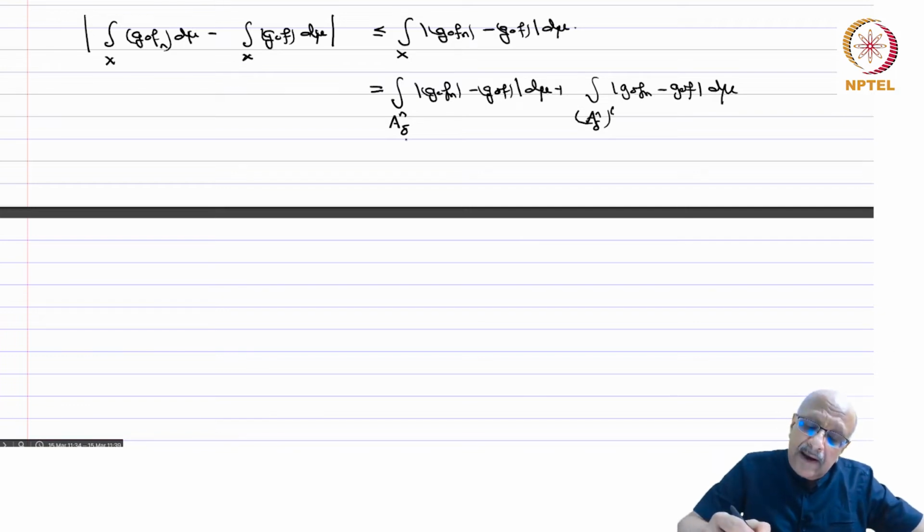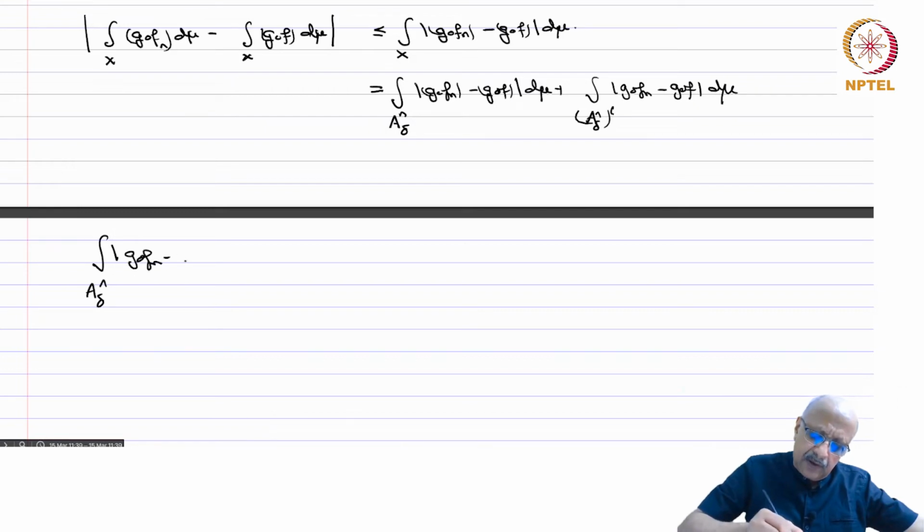On A_{n,delta} we know that the measure goes to 0, but we don't know too much about the function except that g is a bounded continuous function. So the integral over A_{n,delta} of mod g composed with f_n minus g composed with f d mu, since g is bounded by M, is less than 2 times M times the measure of A_{n,delta}.